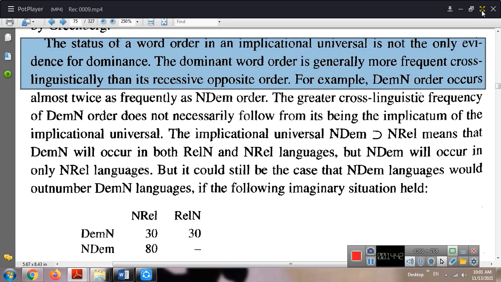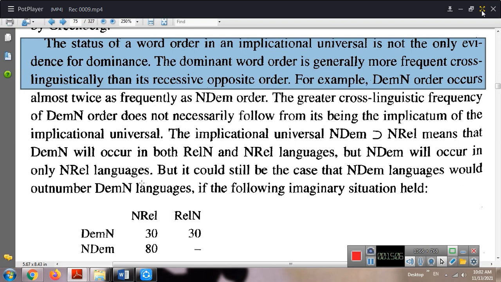The implicational universal, if noun demonstrative, then noun relative, means that demonstrative noun will occur in both relative noun and noun-relative languages, but noun demonstrative will occur only in noun-relative languages.